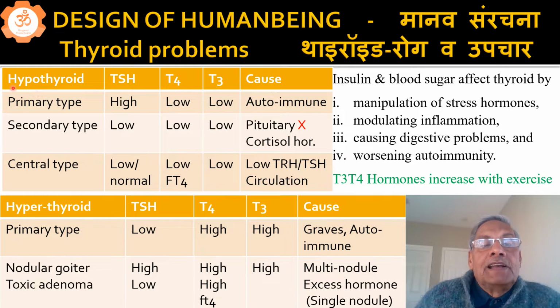And we have already discussed that the TSH, the thyroid stimulating hormone released by the pituitary gland, decides the quantity of T4 and T3. Now, there could be different types of hypothyroid also. One is called primary type, another one is secondary type, and the third one is central type.